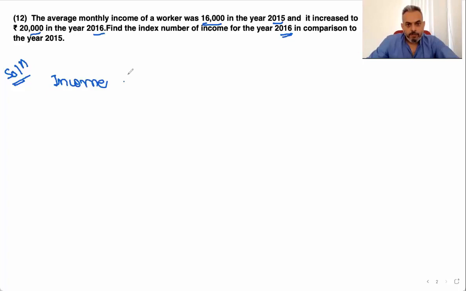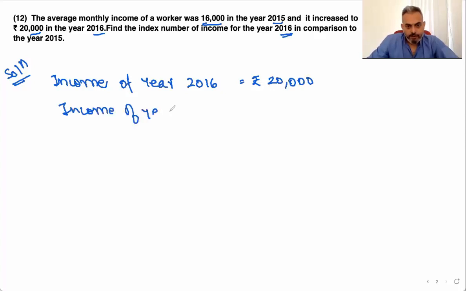Income of year 2016 is equal to rupees 20,000. Income of year 2015 is equal to rupees 16,000.